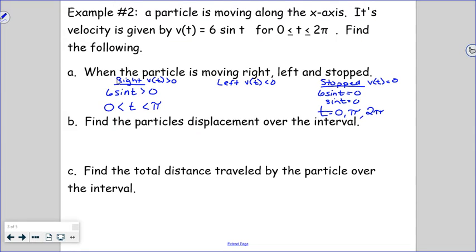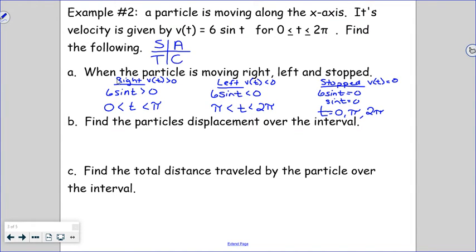Sine is negative then in quadrants 3 and 4, so that would be from pi to 2 pi. We've talked about this before, but some of you may not have been introduced to this before, but you do need to know where your trig functions are positive and negative for situations just like this.